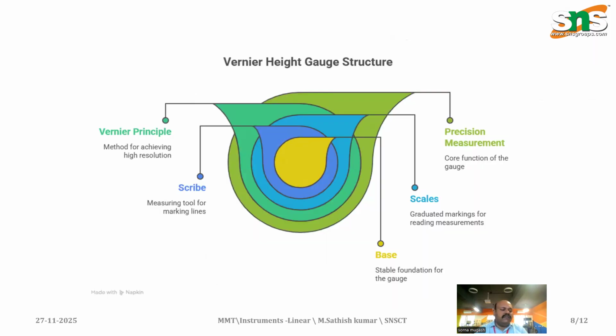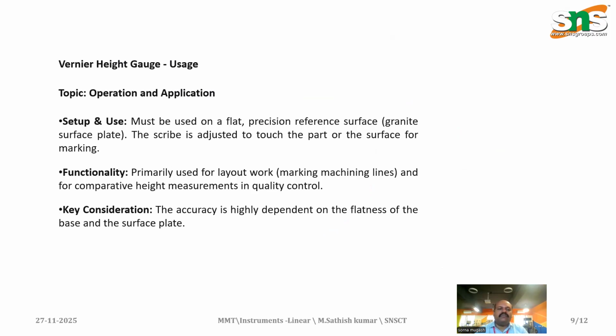In the context of the vernier height gauge, we have the same principle as the vernier caliper. It is used for high resolution measurements, and for precision measurement we use height gauges, and the base is a stable foundation for the gauge where everything is taken with reference to the base.